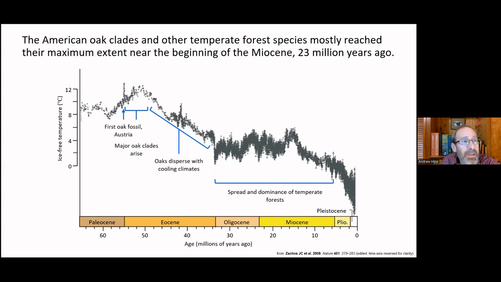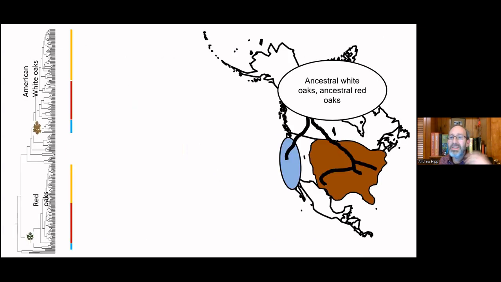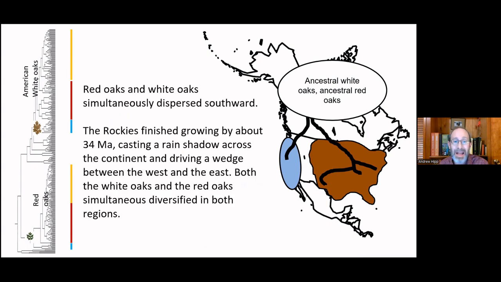So by 23 million years ago, the American oak clades and other temperate forest species had mostly reached their maximum extent. If you come here 23 million years ago into Eastern North America, you would have seen ancestral white oaks and ancestral red oaks had diversified in Eastern North America and California, moving southward.